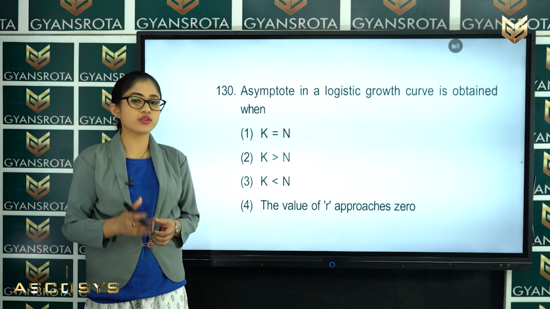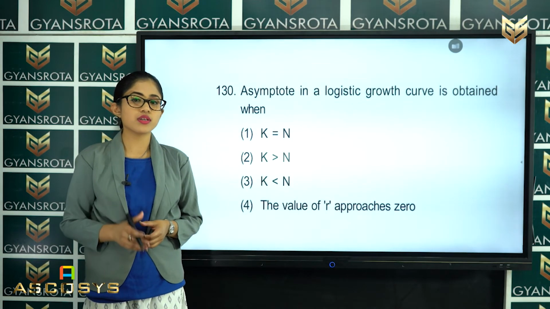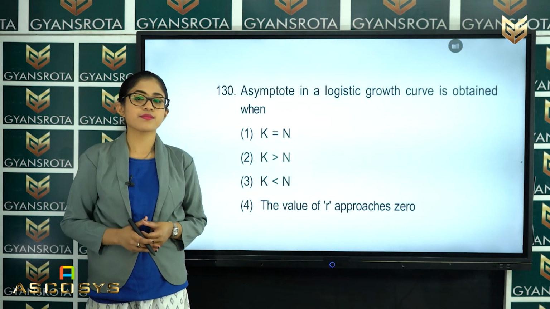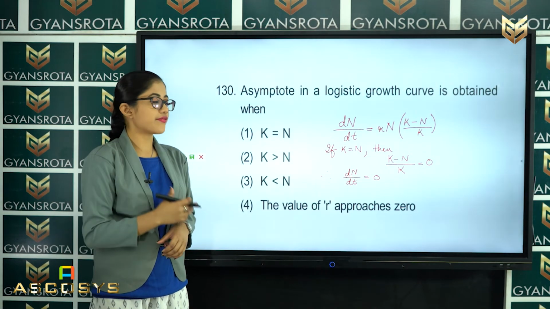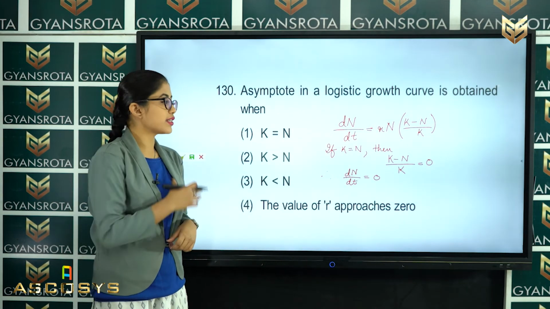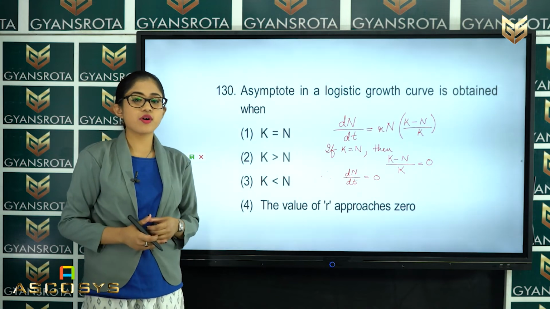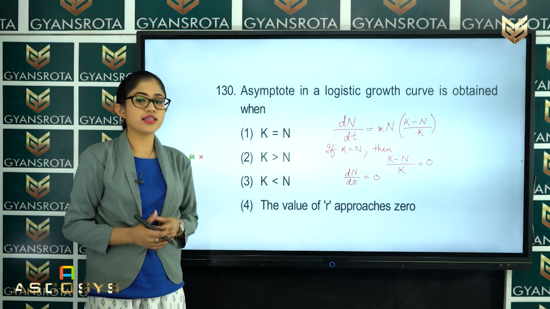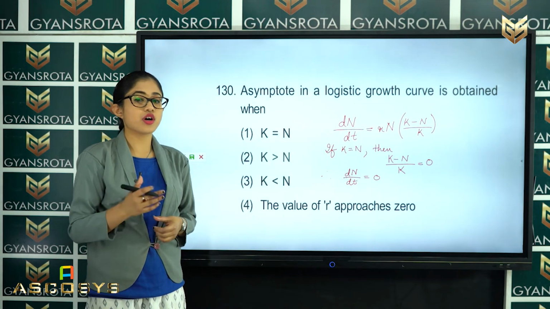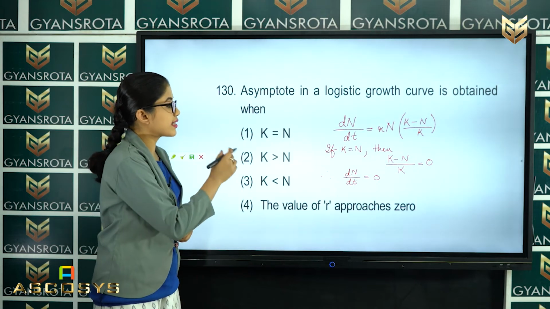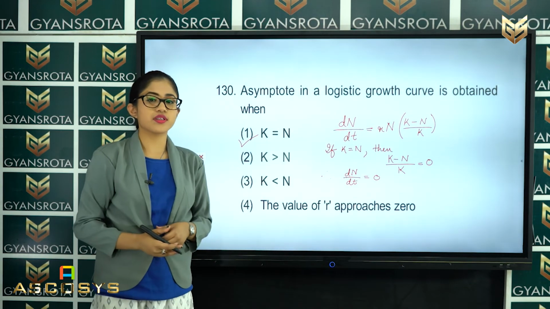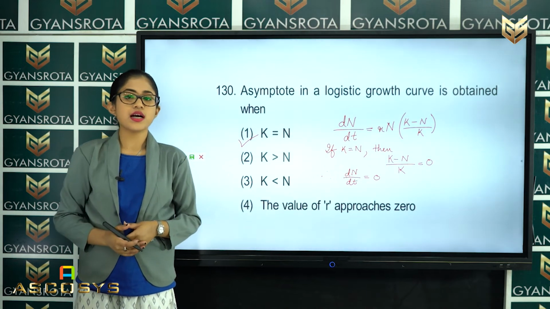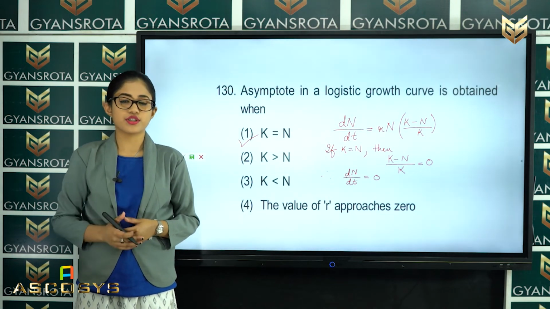What was its formula? Let us see this. This is the logistic growth curve formula and it is already given in your textbooks. After analyzing this, the asymptote in a logistic growth curve is obtained when K is equal to N. So, option number 1 is the correct answer of this question. Alright. Now, let us move on to the next question.